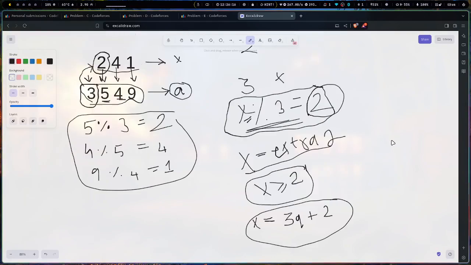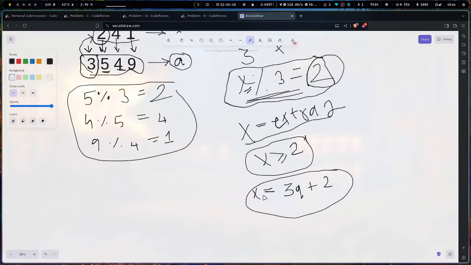We definitely can, because x is a number such that when we divide it by 3, the part which is divisible by 3 gets consumed and the extra 2 is remaining.